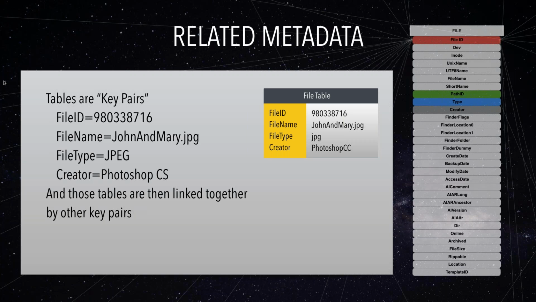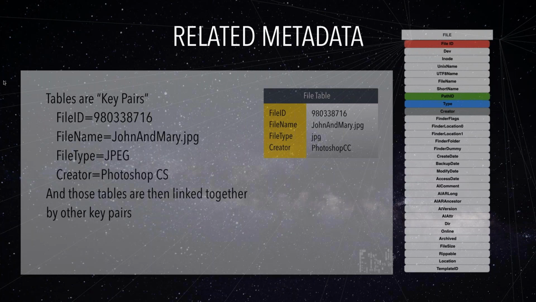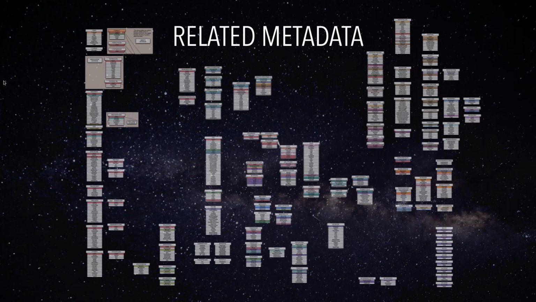So if I wanted to do a deep search and maybe say, well, show me when this file was approved, I would first have to go to the file table, look up, get its file ID, and then I'd have to look at the larger table map. So this is an abbreviated view of a large table map, and file ID is a little hard to see. It's right there in the middle of that schema.